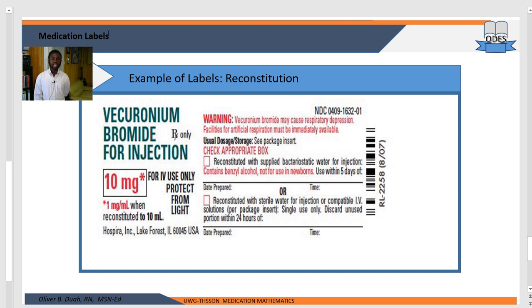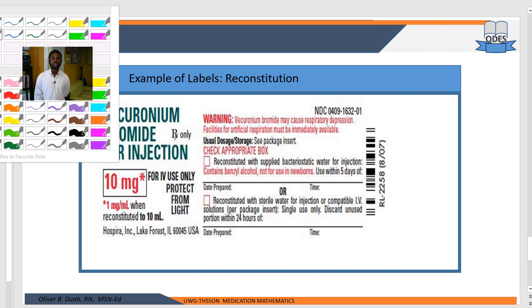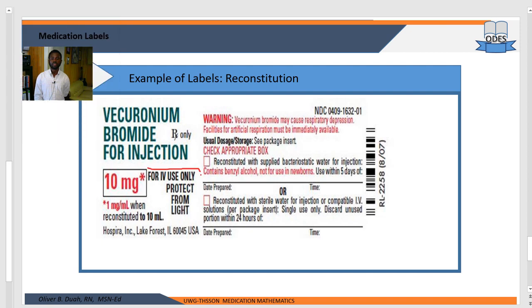So, another example of a drug that has to be reconstituted is vecuronium bromide. This is for IV use, so it gives you your route of administration.